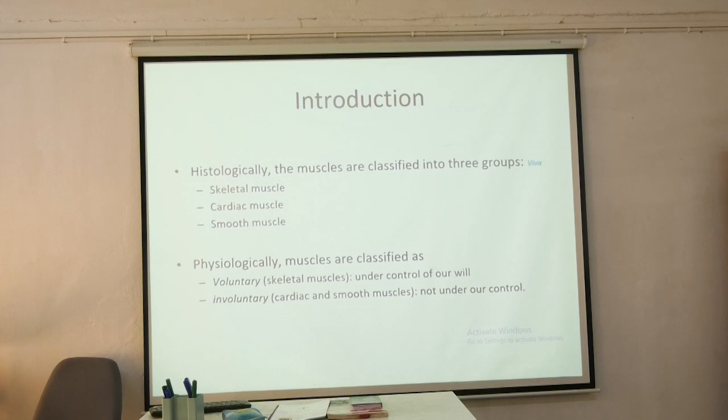Now physiologically, muscles are classified as voluntary, skeletal muscle under control of our will, and involuntary, cardiac and smooth muscle, not under control. Say you ate a pizza and a burger, and it goes down from the mouth to the stomach.